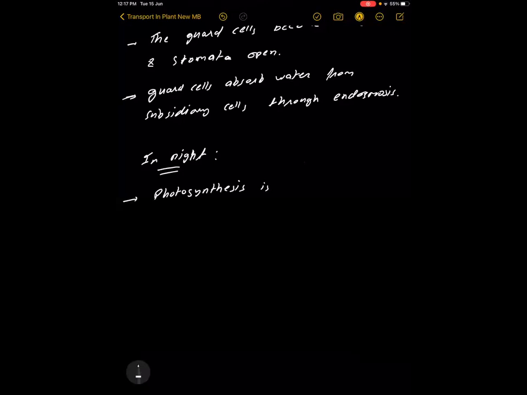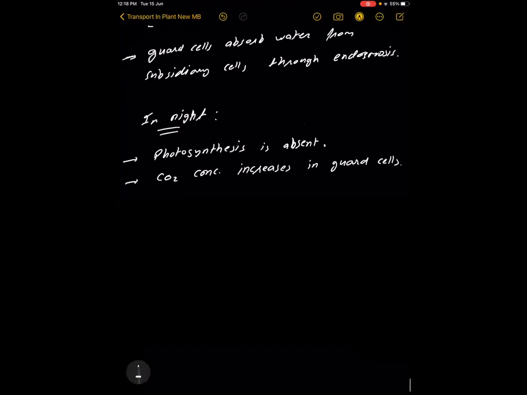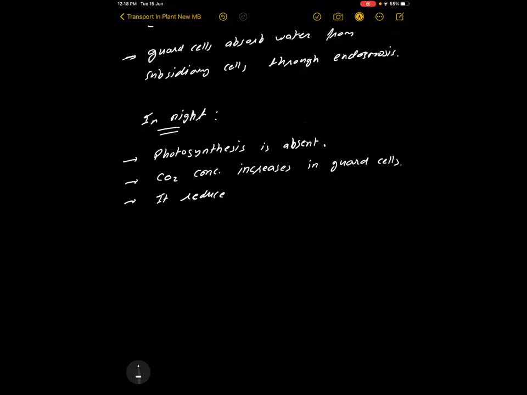It is not stopped, it is absent. CO2 concentration increases in guard cells. So it reduces the pH of the cell.